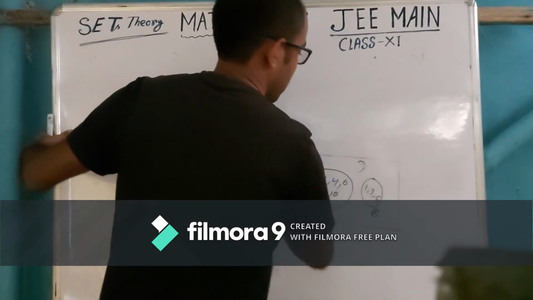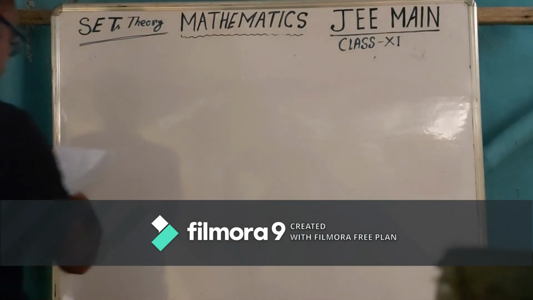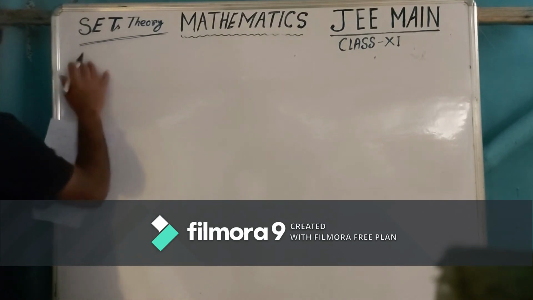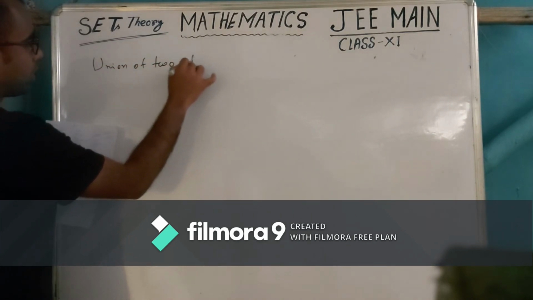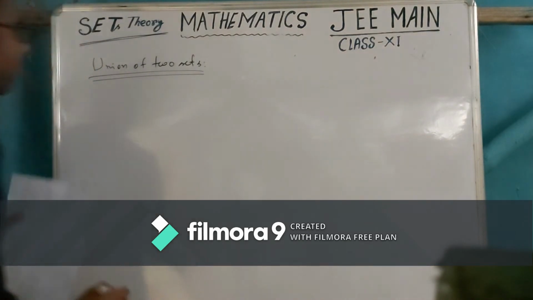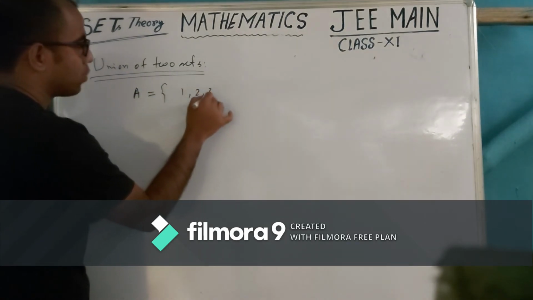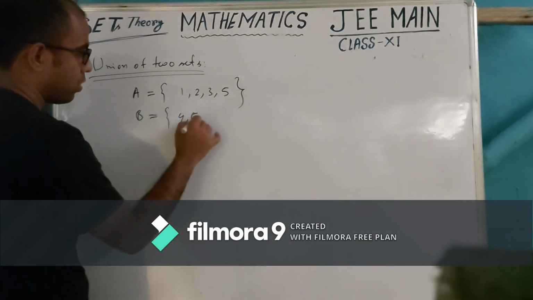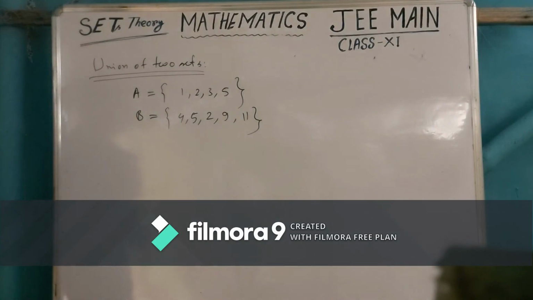Next, union of two sets. We consider a set A equal to {1, 2, 3, 5}, and B is another set {4, 5, 2, 9, 11}.